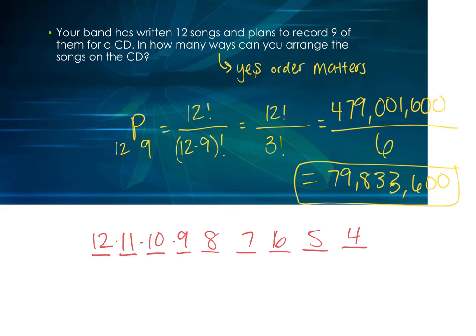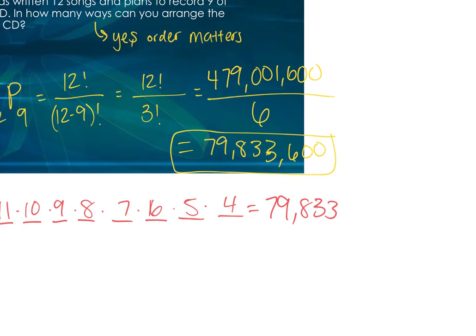And I would multiply all of these. If you multiply all those in your calculator, you should get the same 79,833,600. So there's a lot of choices when people are making these CDs, I guess.